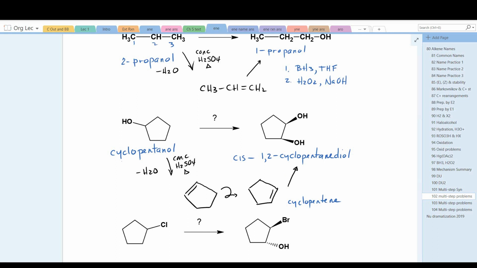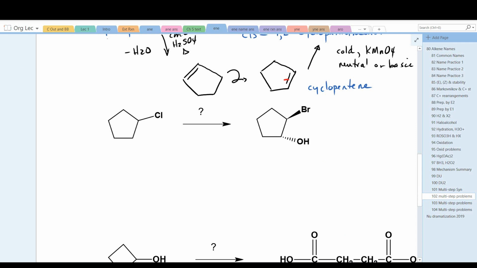It must be a mild oxidation. Do you recall that cold permanganate in neutral or basic solution will cleave the pi bond but not the sigma bond and add hydroxyl groups to the same side?